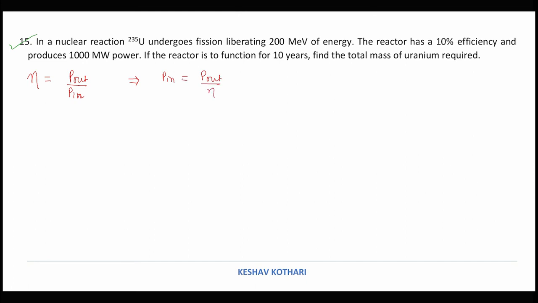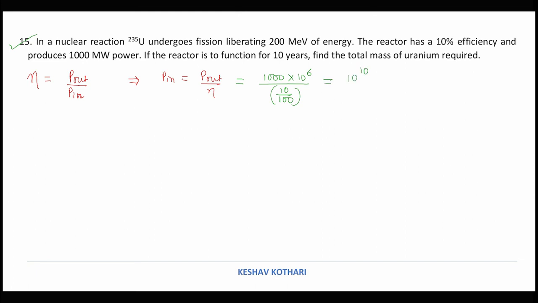We put the value of power output, which is 1000 megawatt, so 1000 multiplied by 10 to the power 6 divided by the efficiency, 10 by 100.